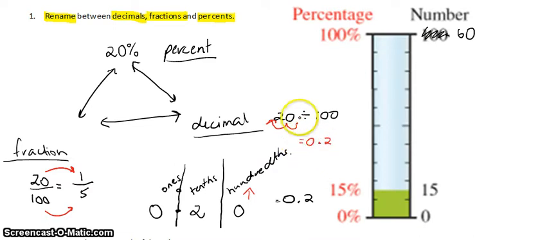So this all means the same thing. Please understand that it's not a calculation of something, it's just a renaming of the fraction or quantity. It's the same quantity. 20% is 1/5, is 0.2. It's the same value.